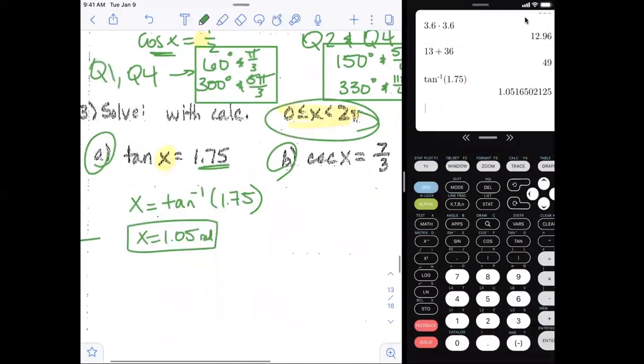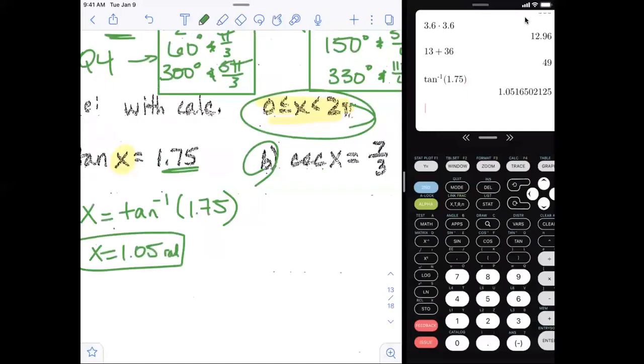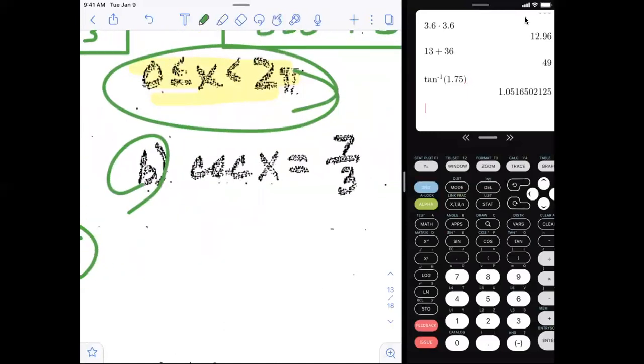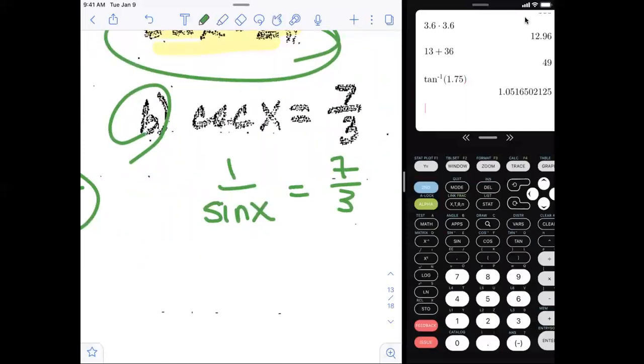The only reason B and C look a little bit different is they're cosecant and secant. So I can't just do second cosecant in my calculator, second secant. I have to think of this in terms of sine and cosine. So we know cosecant is the reciprocal of sine. So I'm going to think of this as 1 over sine equals 7/3. And in order to use my sine button, it can't be 1 over sine. It needs to be normal sine.